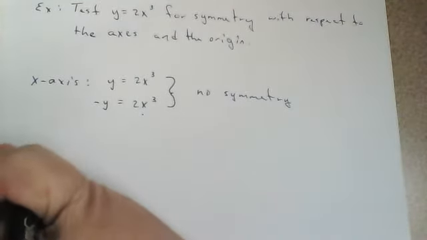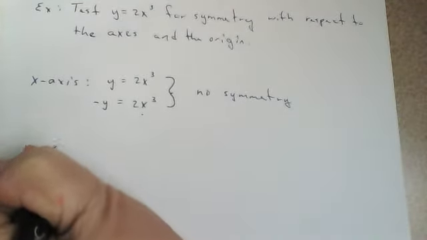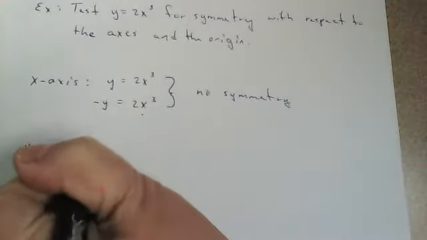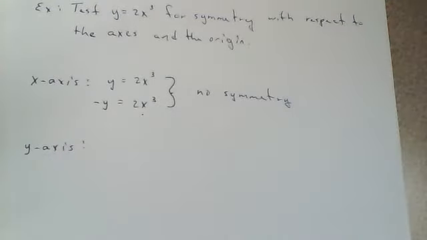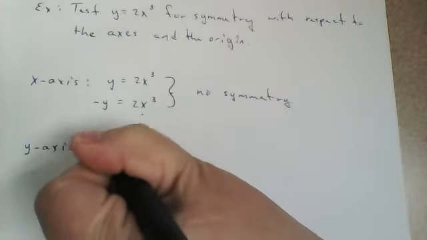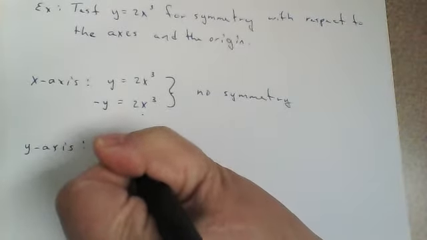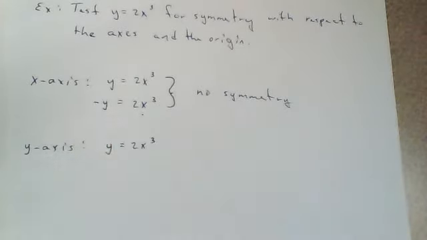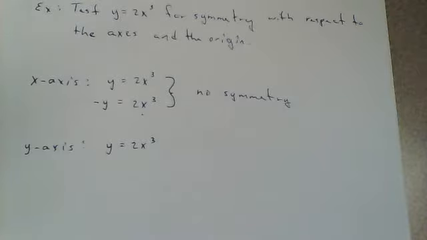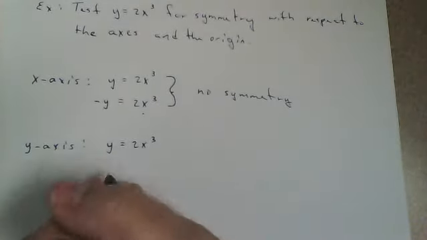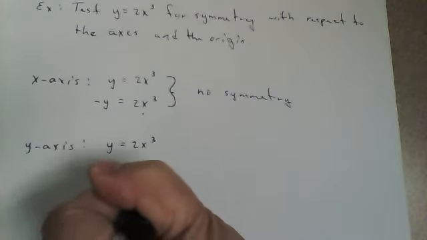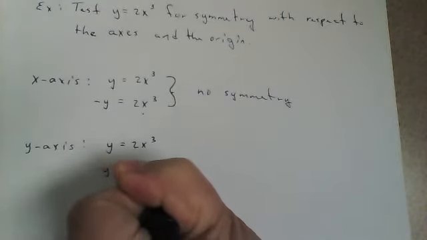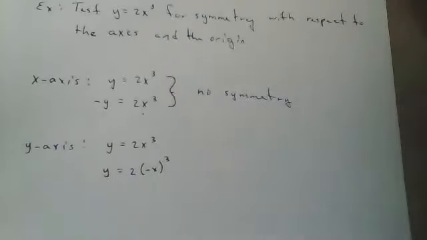With the y-axis, we're going to do a similar thing, only we're going to make x negative, right? So my original equation is y equals 2x cubed. And now we're saying if we make x negative, which I hope you remember from your Ed Puzzle, that we're going to get a true statement. So we're going to look at this and we're going to go y equals 2, and we're going to make x negative and cube it.